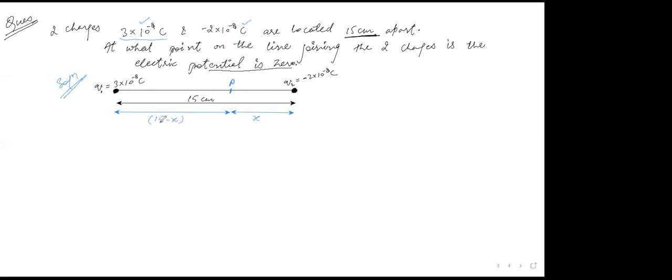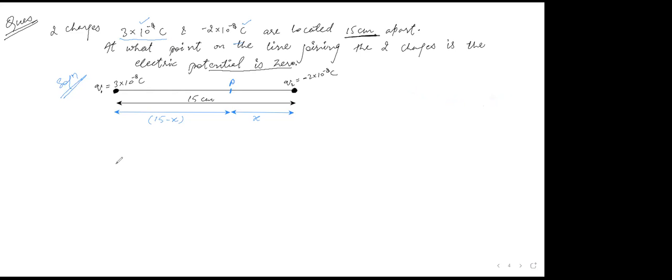Are you clear from these two values, 15 minus x and x? Nawal, is it clear? Yes, sir. Because after adding 15 minus x plus x, you get again 15, which is your value. So I think it is clear. And now we are going to calculate zero potential.